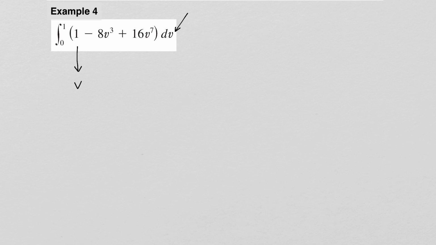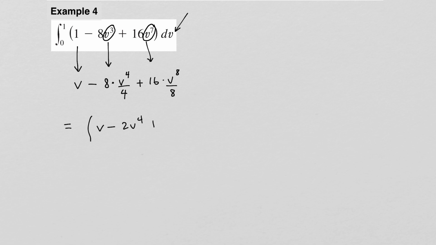So in this case, it would be v minus the antiderivative of 8v to the third, which is 8 multiplied by the antiderivative of v to the third. And for that, we can use the power rule, which gives us v to the fourth divided by 4, plus 16 multiplied by the antiderivative of v to the seventh, which is v to the 8 divided by 8. So this is our antiderivative, and I'm going to put it in parentheses here, and I'm going to simplify.